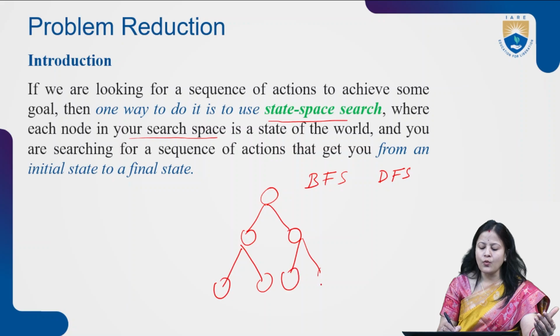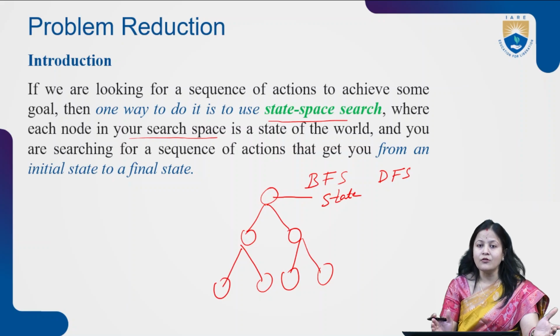Each node represents a state, and the complete collection of all the nodes in a particular space is called the state space. All the nodes are explored using either informed or uninformed search, starting from the initial state to the goal state.